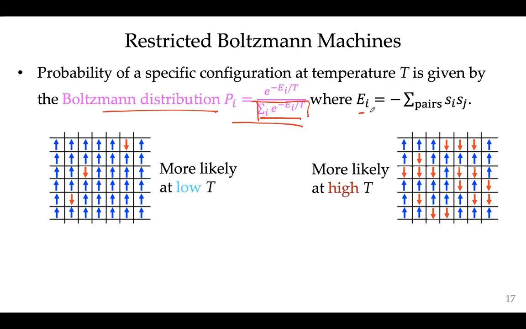And again, you can calculate the energy of a given configuration, for example this one, by multiplying the spin directions, either positive or negative. So this configuration is more likely at low temperature because it's magnetized. There's a really tiny amount of randomization, it's almost ordered. And this configuration is more likely at high temperature. And how do you know them? You can actually calculate them from this Boltzmann distribution.